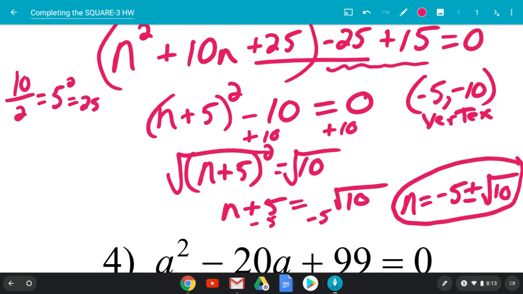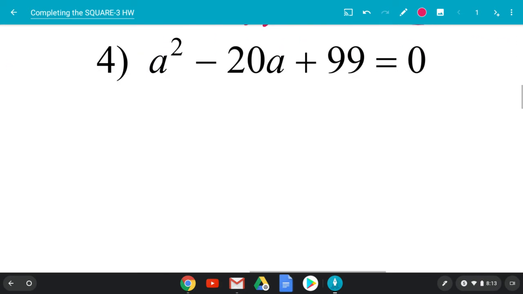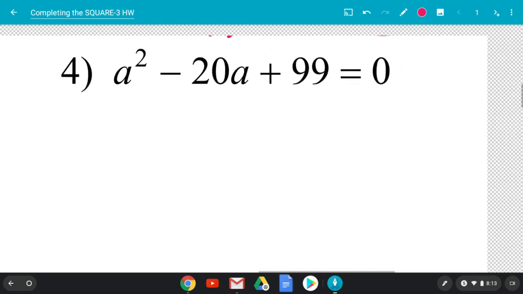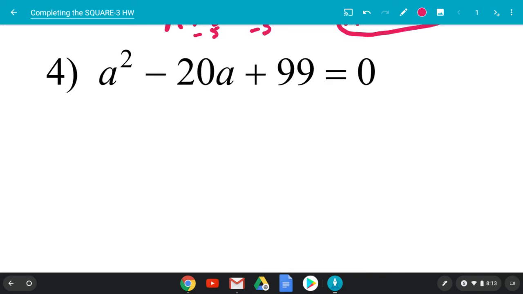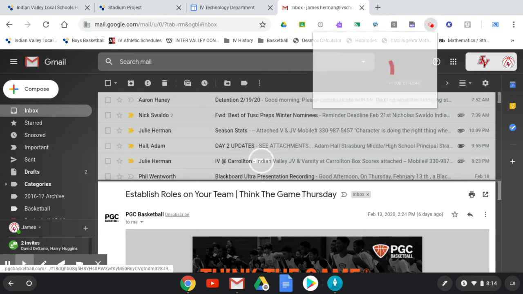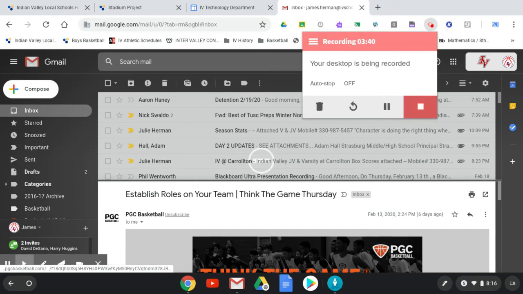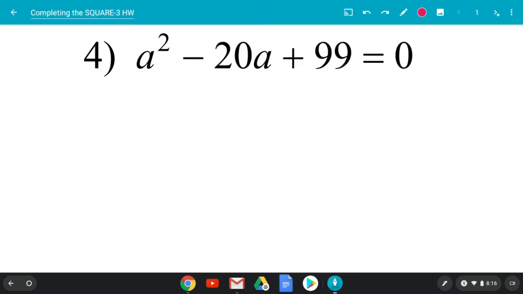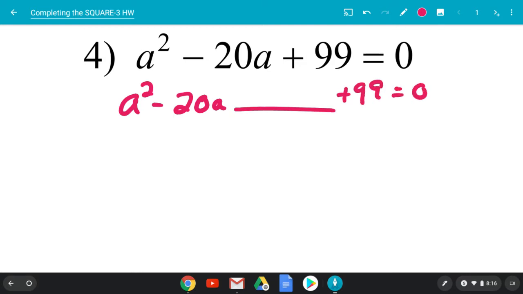Try number 4, please. And I want you to complete it all the way down to solution. I'll give you a minute. All right, let's look at this one. A squared minus 20a space plus 99 equals 0.